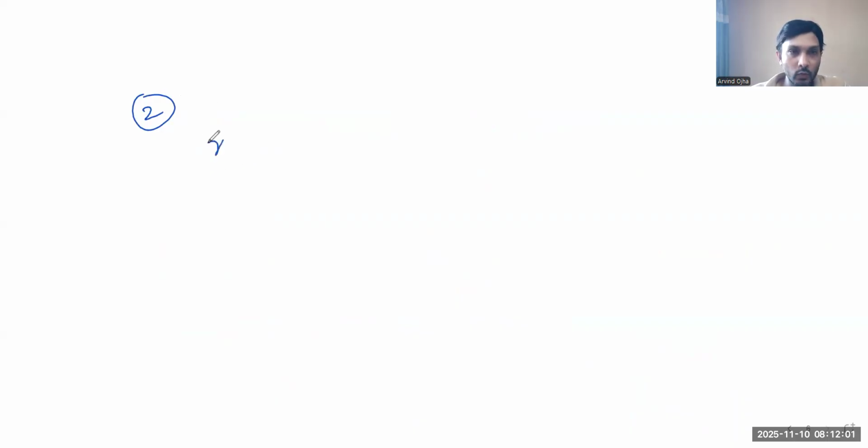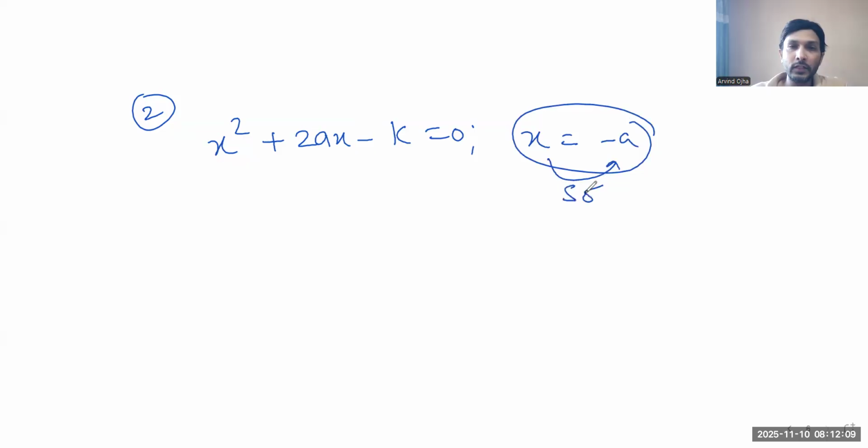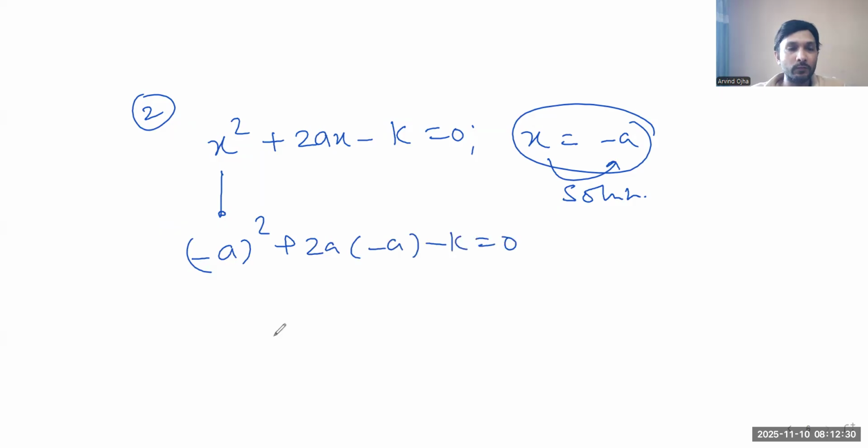That is x square plus 2ax minus k is equal to 0, where x is equal to minus a. So this is basically a solution, it is given. So what we are going to do is substitute the value of x as minus a. So this will become minus a whole square plus 2a times minus a minus k is equal to 0.